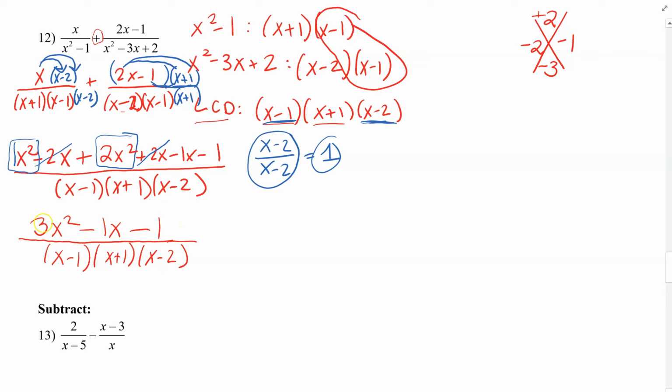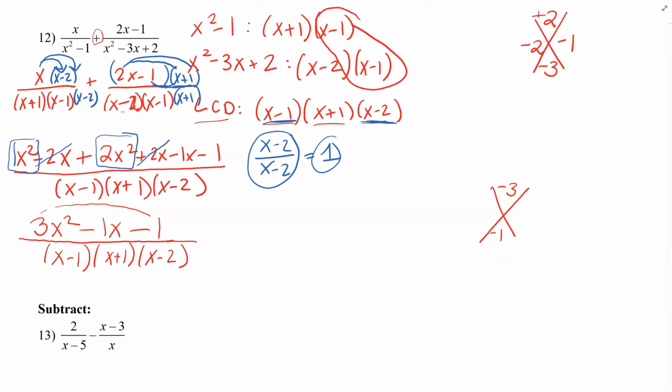So because I'm left with a trinomial, a quadratic, right, the highest power of x is 2, a quadratic trinomial, I am going to just check and see if it will factor. So I'd have to multiply 3 to negative 1, which is negative 3, and then write the b coefficient on the bottom, and then look to see if there are two numbers that multiply to negative 3 and add to negative 1.